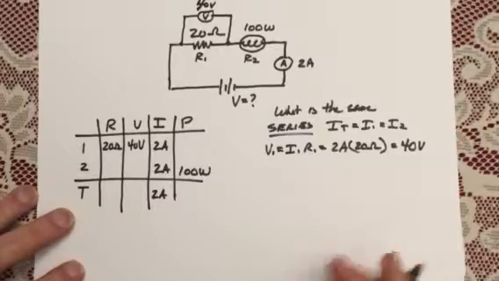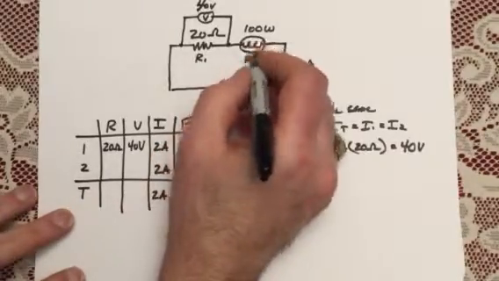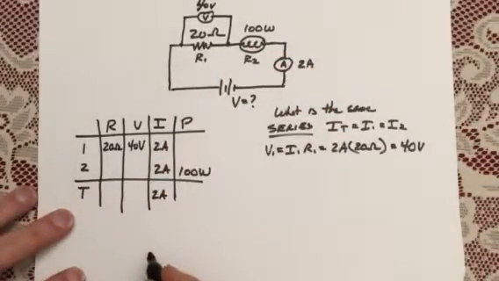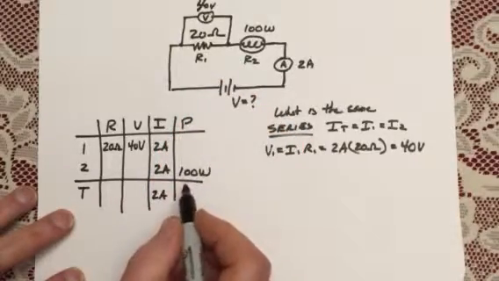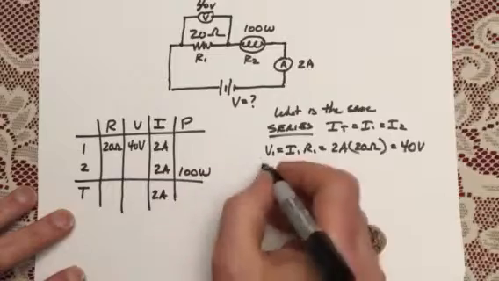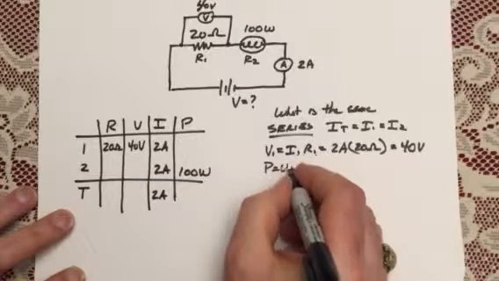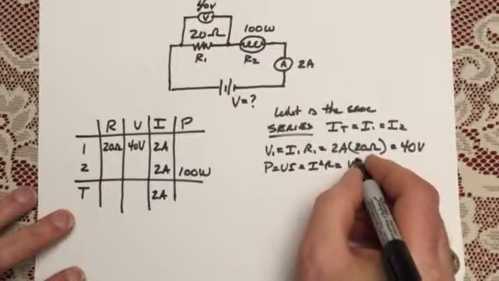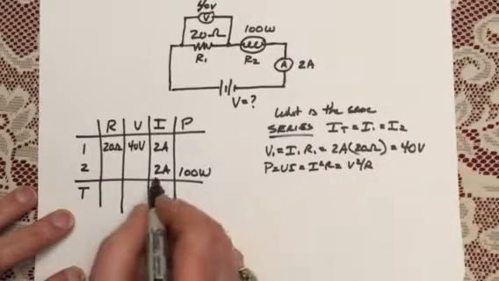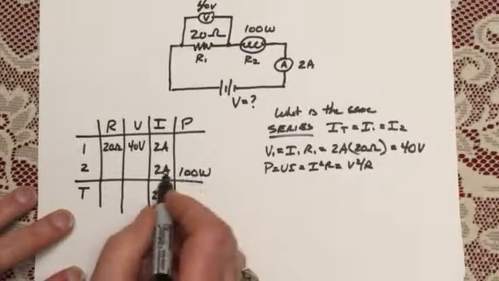Now the next thing I'm going to do is the same thing for my light bulb. Problem is, I don't have resistance. I've got the power, but it's not that hard. I know P equals VI equals I squared R equals V squared over R. Oh, look. I've got P and I've got my current.